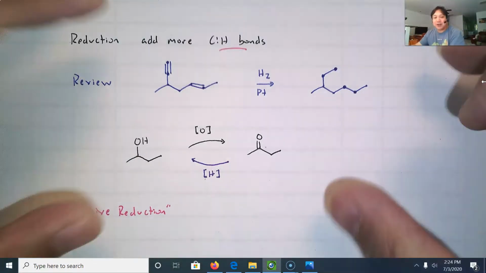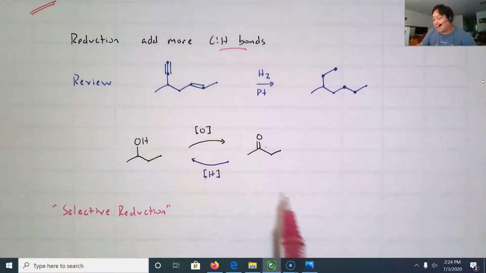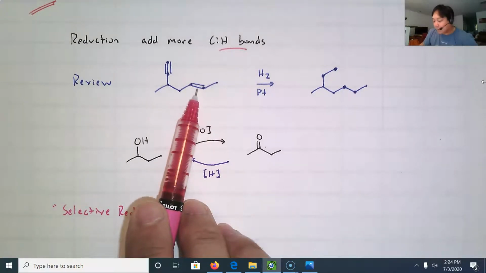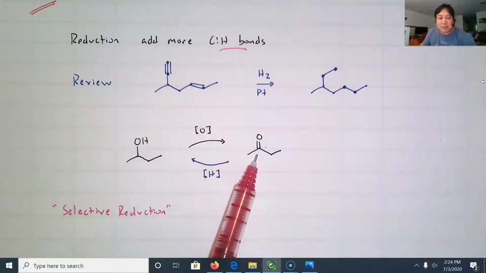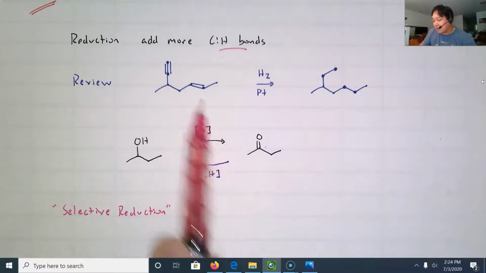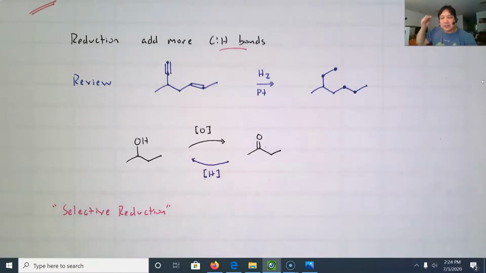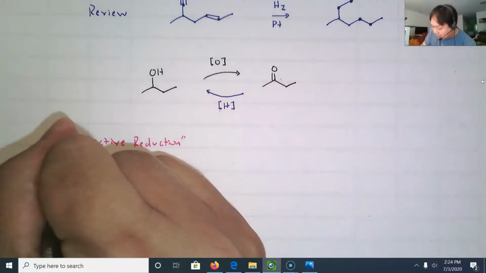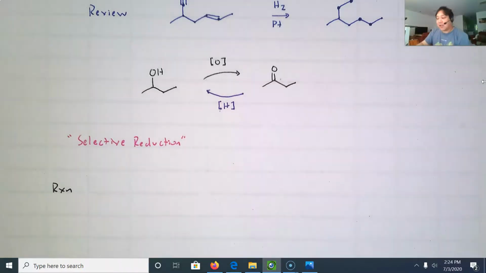Because right now on your screen, I'm promising that we can reduce a carbon-carbon double bond, but here I'm also promising that we can reduce a carbon-oxygen double bond. If you have a molecule that has both, are there ways to select for one and not the other? The first reaction is not selective. We're going to reduce everything, okay?